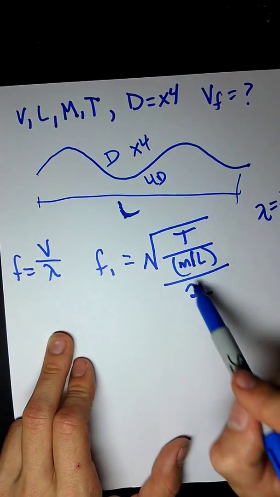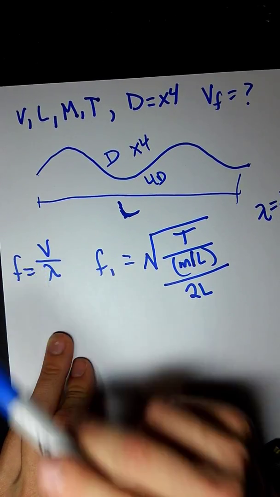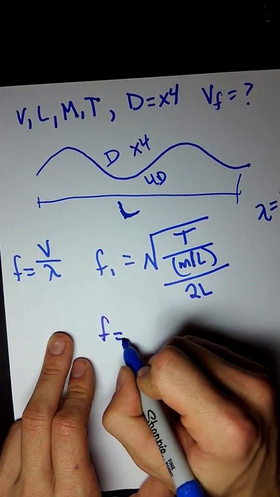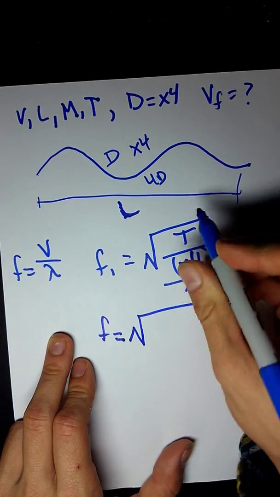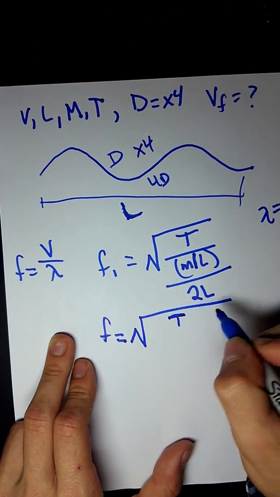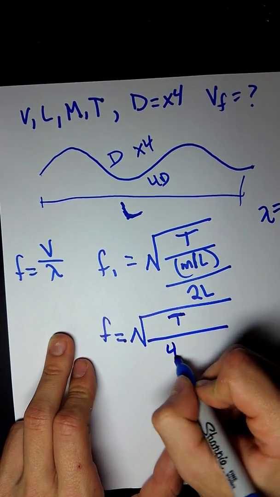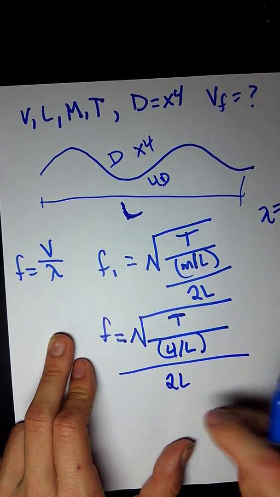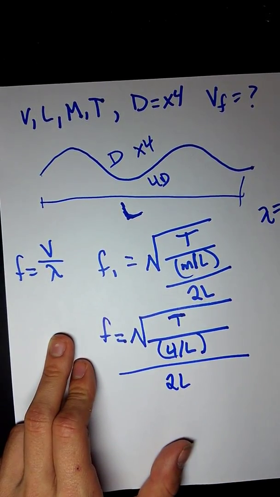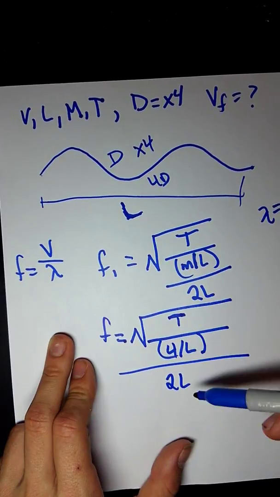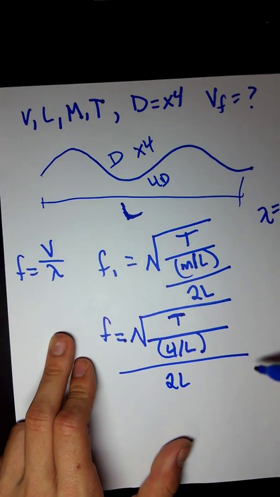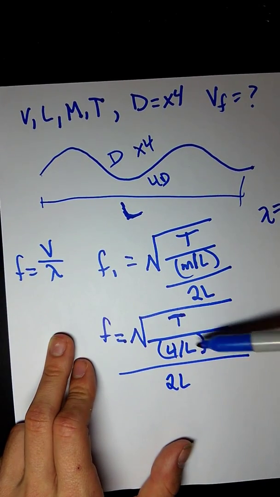In this case, I'm solving for frequency is equal to root of T, which is 1, over 4 divided by L, and then over 2 times L, because I know L is 1, and my linear density was quadrupled, so there's a 4 in front of the mass. That's where the 4 in front of the linear density comes from, because density is mass over volume, or length.